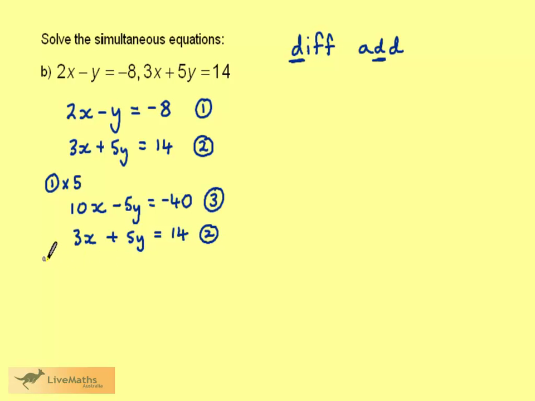So we're going to do equation 3 plus equation 2. 13x, the y's of course will disappear. Adding minus 40 and 14 gives minus 26. Therefore x is equal to minus 2.